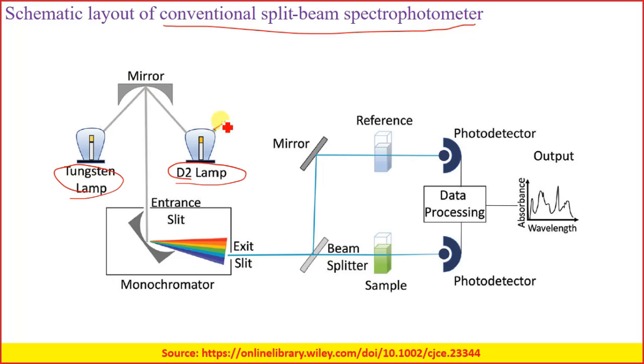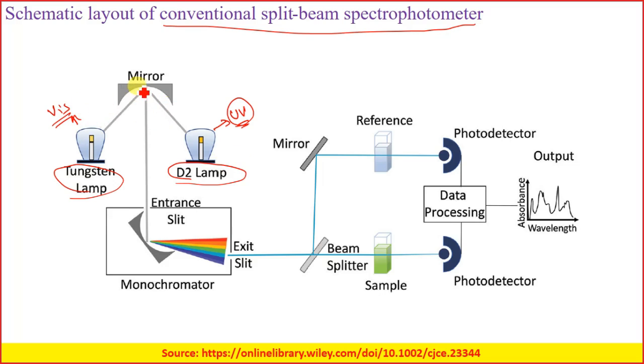The D2 lamp is used for UV radiation, and the tungsten lamp is used for visible radiation. Initially the UV scanning is done, so the D2 lamp is on and the tungsten lamp is off. When the scanning with the D2 lamp is finished, the D2 lamp is switched off and the visible lamp is switched on.